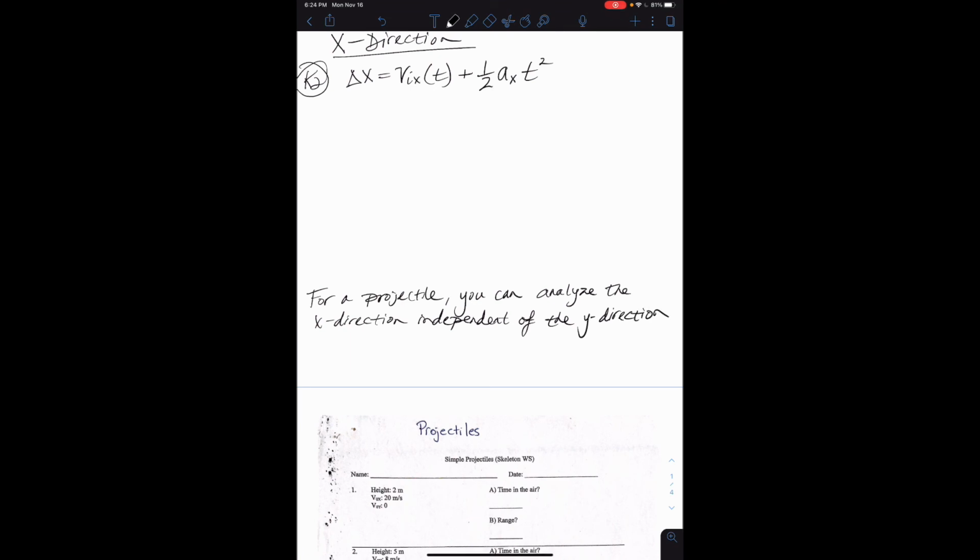And furthermore, you can write your K formulas for one direction only.